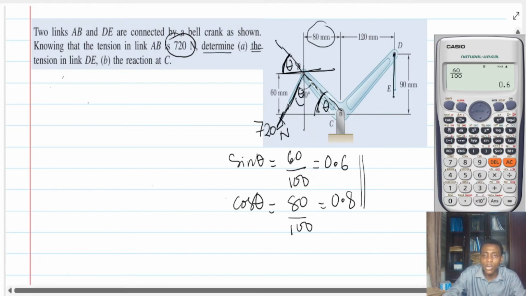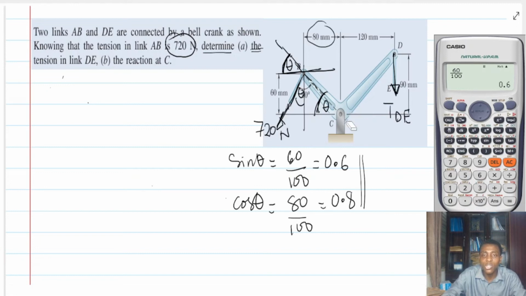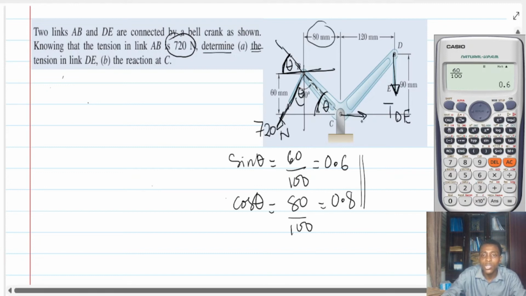The tension over here will also move away from the body, and this tension here, let's call it TDE. Okay. All right. Don't forget that there is also a pin joint connection at C. Therefore, I'm going to expect two reactions. Pin joint, two reactions. So Cx, and then I will also expect Cy. Okay.